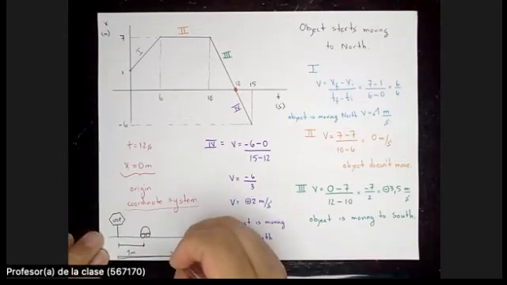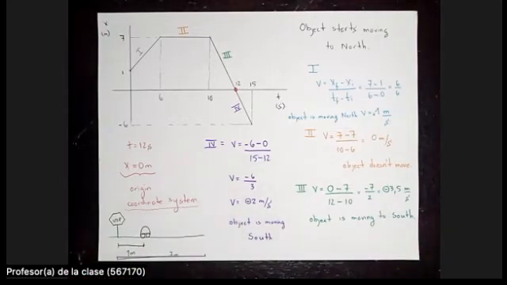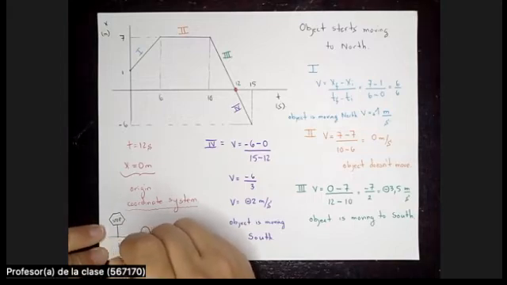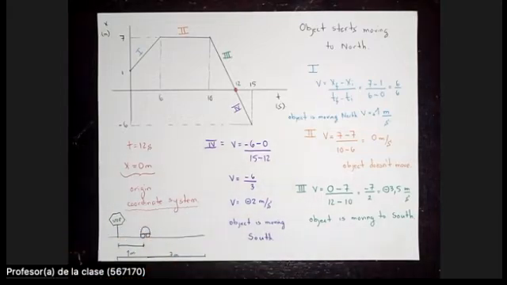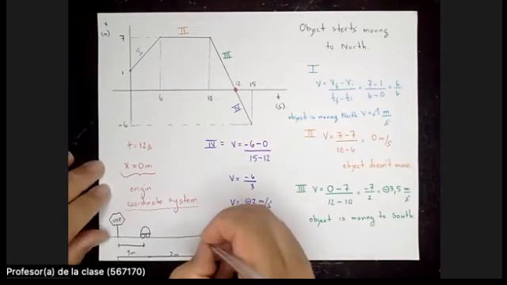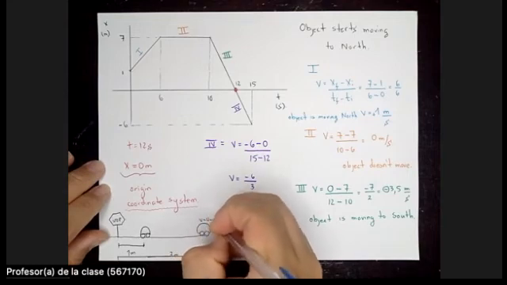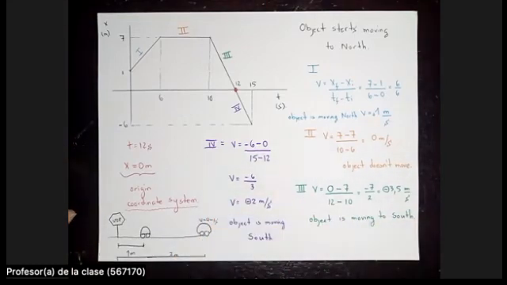Imagine that. And then the car stops. Here the car stops, so the final velocity here at 7 meters is going to be 0.